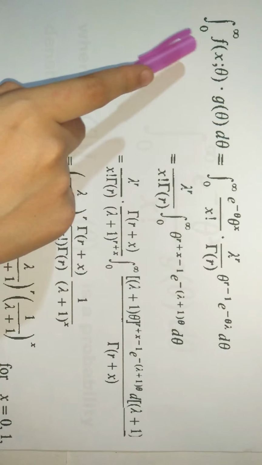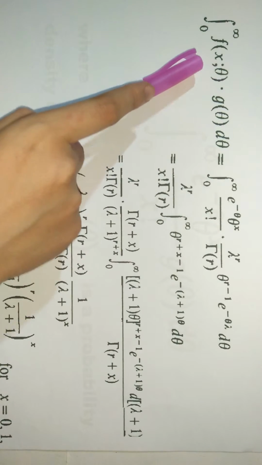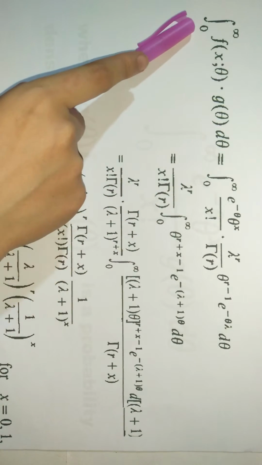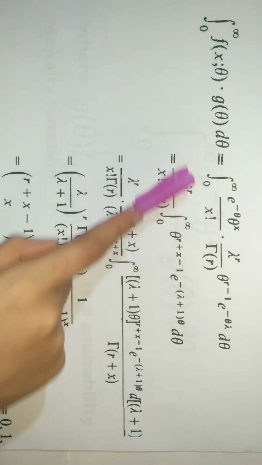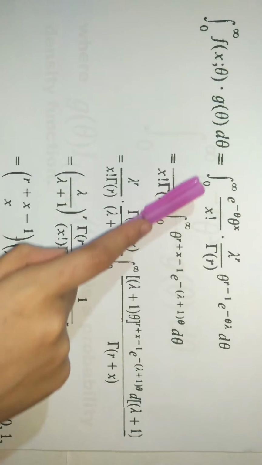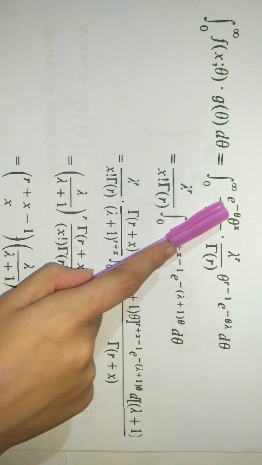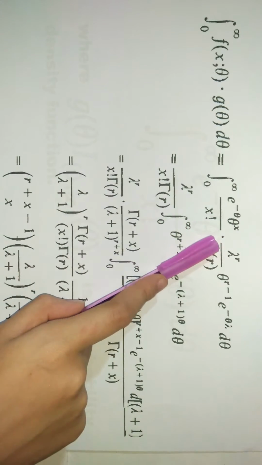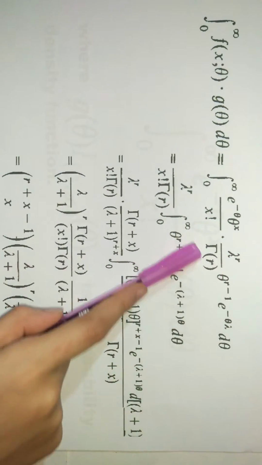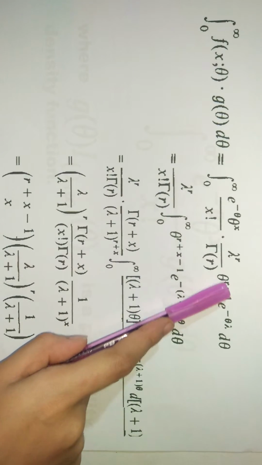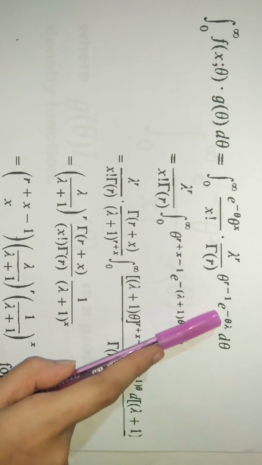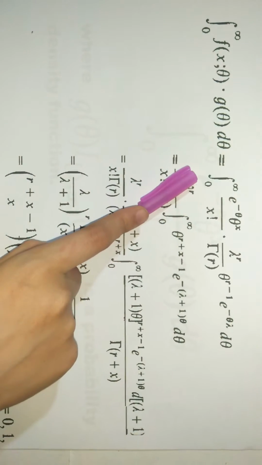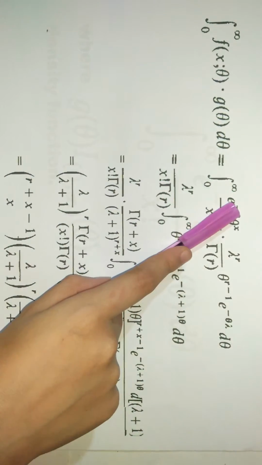Then the integral of f sub x parameterized by theta times g of theta d theta evaluated from 0 to infinity is now equal to the integral of e raised to the negative theta times theta raised to x over x factorial times lambda raised to r over gamma r times theta raised to r minus 1 times e raised to the negative theta times lambda d theta evaluated from 0 to infinity.